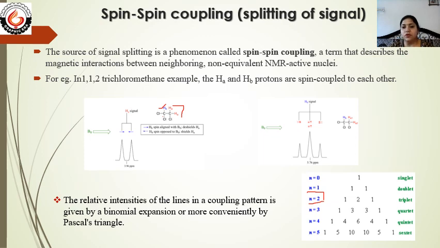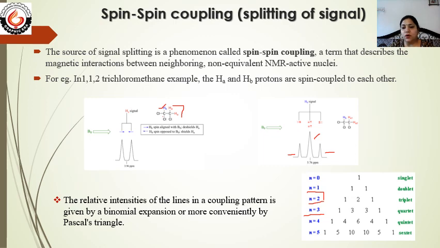So the middle one has more intensity and the other two have less intensity. Similarly, if the number of neighboring hydrogens is 3, splitting occurs into four signals, and the intensity is in the ratio 1:3:3:1, and so on.